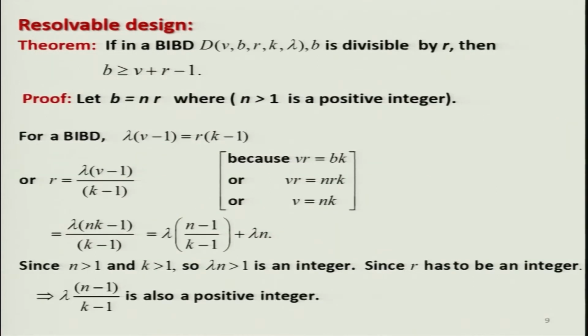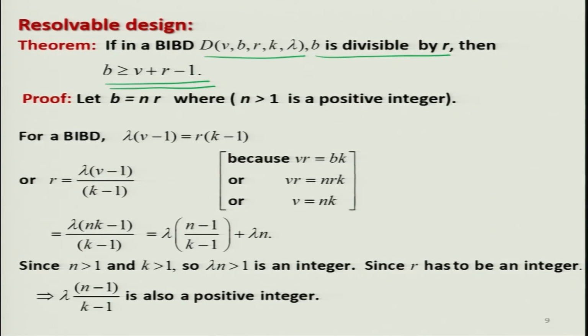Now, there is a result that in such a case, what happens? If you consider a BIBD, which is a design with parameters V, B, R, K and lambda, and B is divisible by R, that means the design is resolvable, then B is going to be greater than or equal to V plus R minus 1.